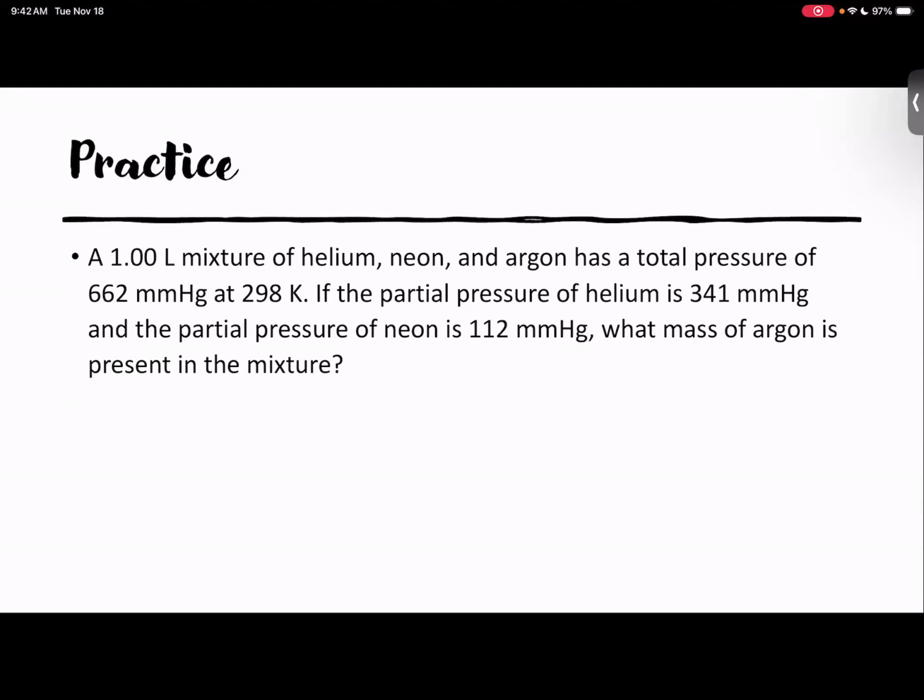Okay, we're going to have to use a few pieces of information here. The first thing we're going to use is the fact that P total is equal to the pressure of helium plus the pressure of neon plus the pressure of argon. And we're going to be solving for the pressure of argon.